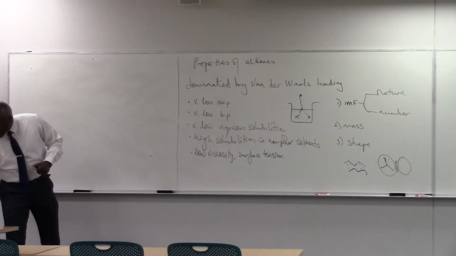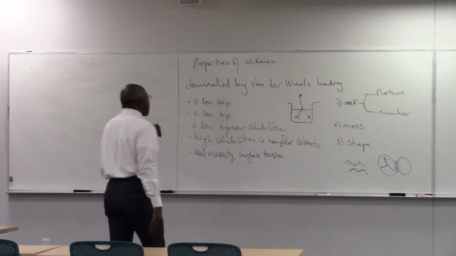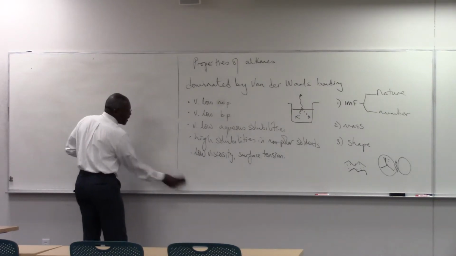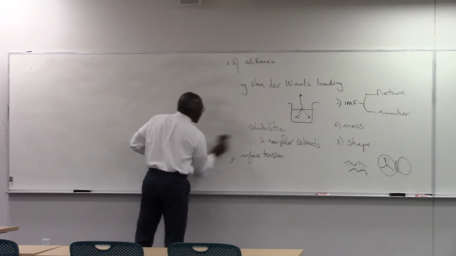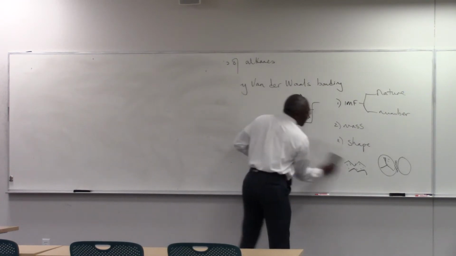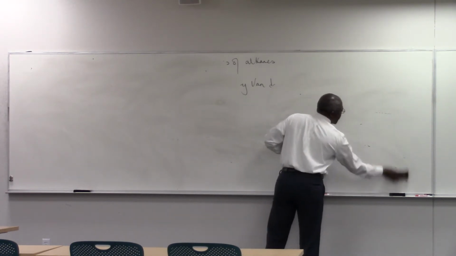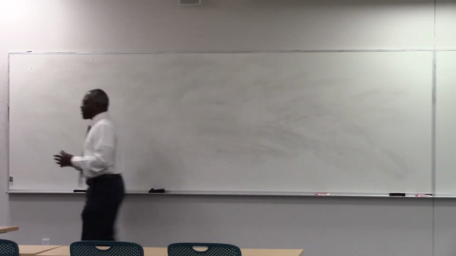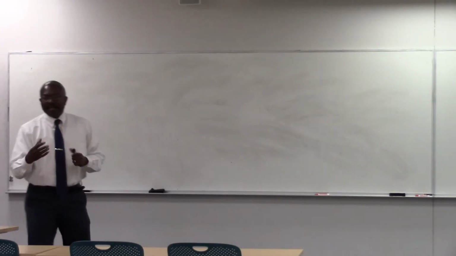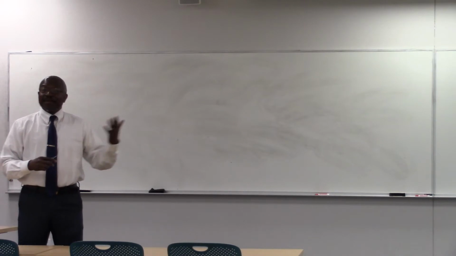Let's talk a little bit about the preparation of alkanes. How do we make alkanes? This part is going to dominate the rest of this lecture. It's not a very common series of reactions nowadays to make alkanes, in the sense that alkanes tend to be readily available.